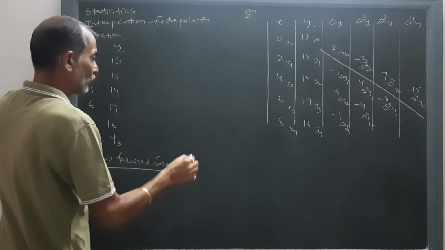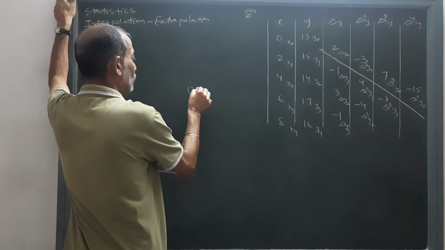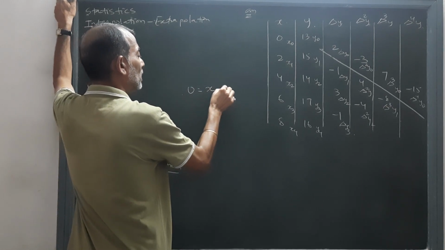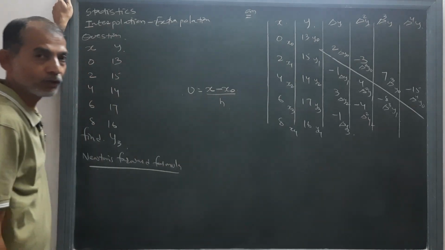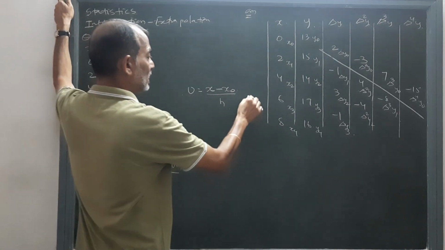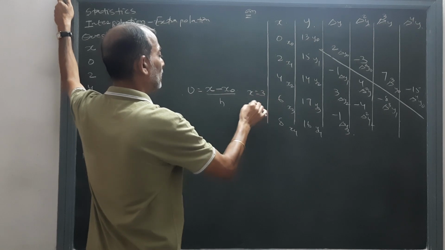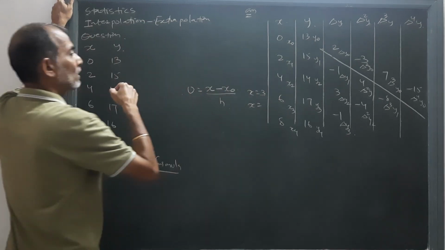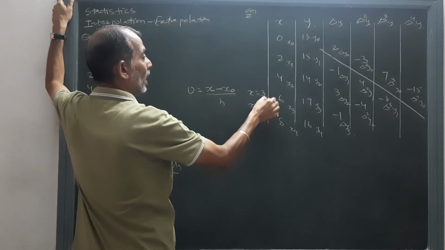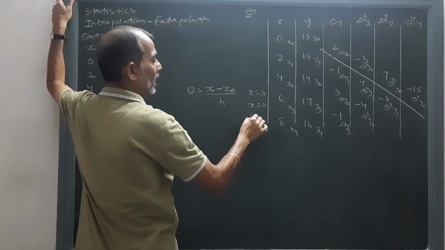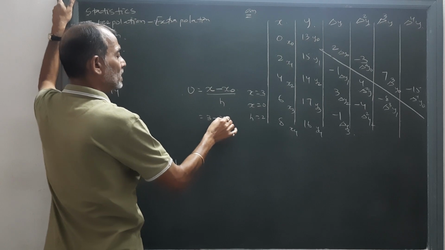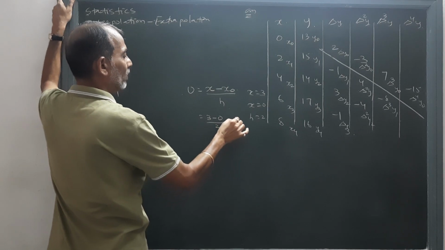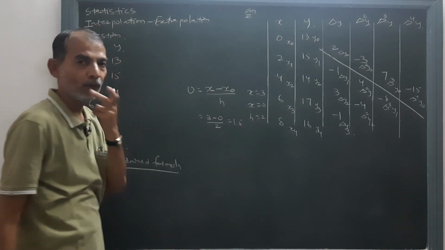First we have to find u, that is x minus x0 upon h. Here x is equal to 3, x0 is equal to 0 and the distance h is equal to 2. So 3 minus 0 upon 2 will be 1.5.